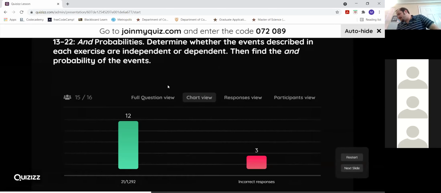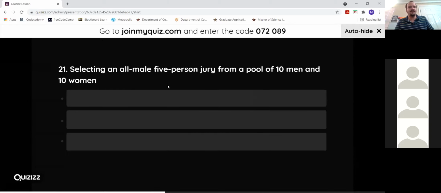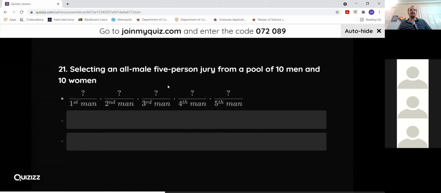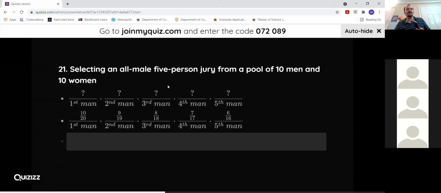Okay, so when I get 21 out of something, 112.92. I'll just go to the next slide because I'm pretty sure it's on there. So I want to think 5 men. I select my first man. I think I said that's 10 out of 20. The second man is 9 out of 19.